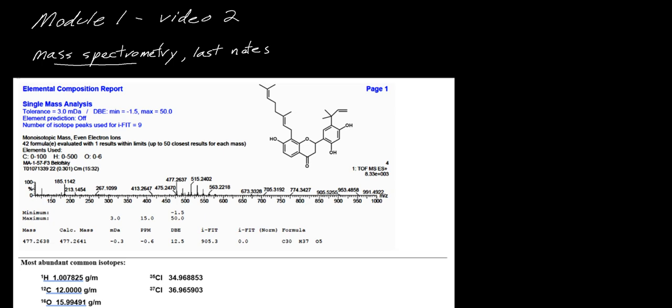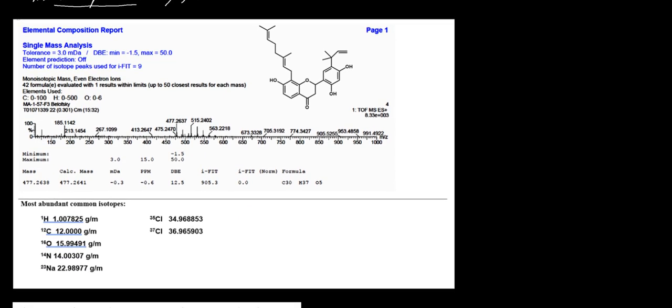Okay, this is our second video in Module 1, tying up some loose ends on mass spectrometry. I brought back up the mass spectrum of the first compound we looked at.